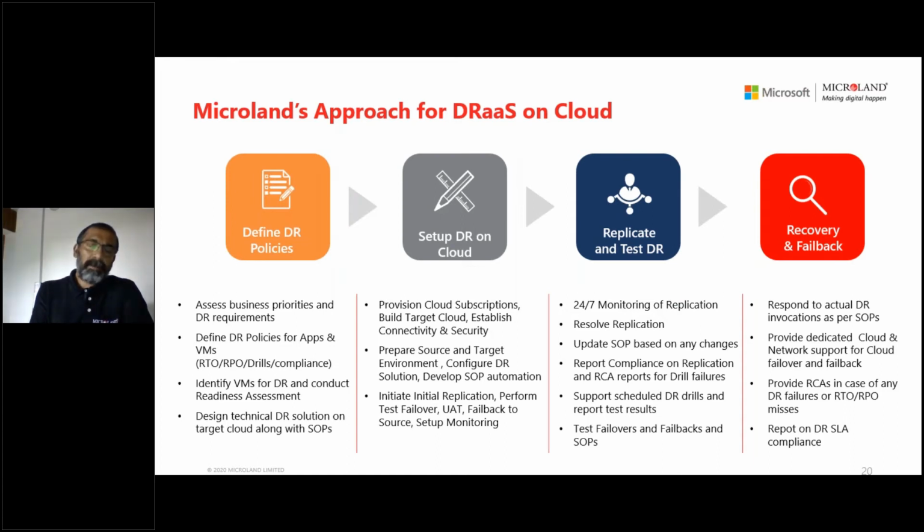Like George was mentioning, it is important to know where you stand today. So we start with an assessment of your business requirements, understand what sort of recovery you already have and what costs you are incurring today, and also help customers define the right DR policies. Here we are not talking about doing a risk assessment and business impact analysis and high level decision making on whether we should have DR or not.